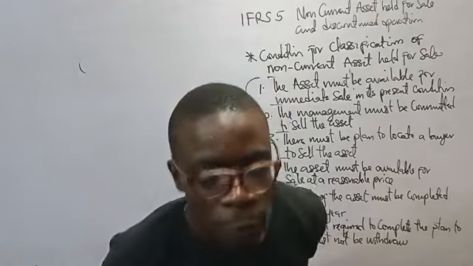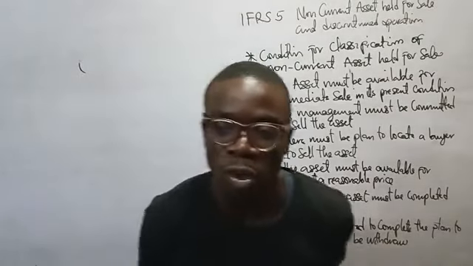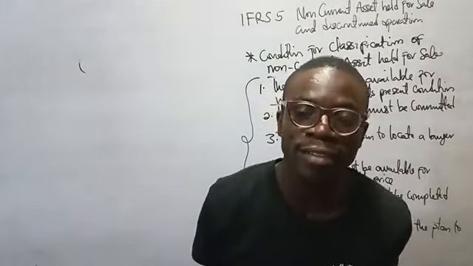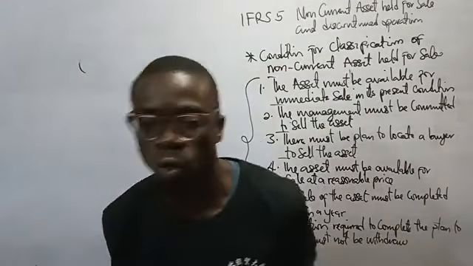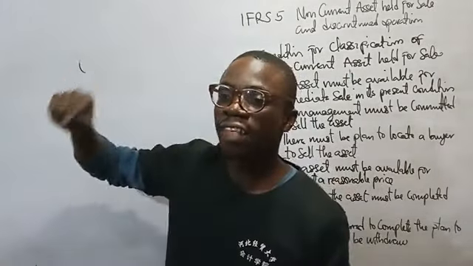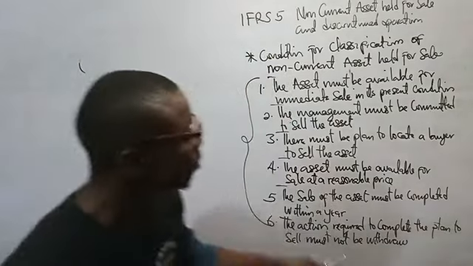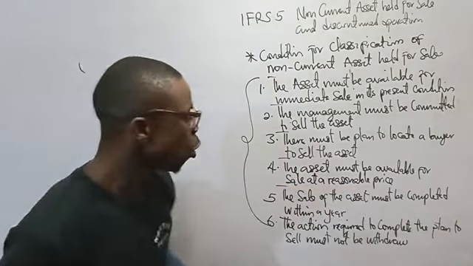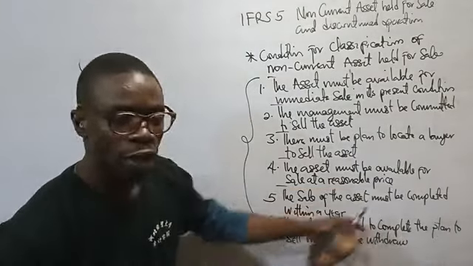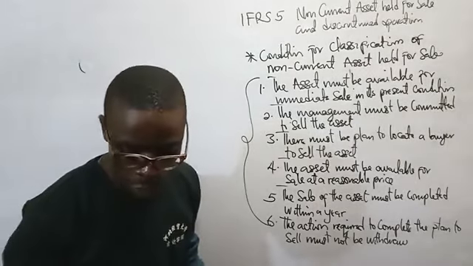It will be under current asset, because it does not meet the criteria to be classified as non-current asset. So asset held for sales is normally seen in current asset because the asset must be sold within a year. Am I communicating?